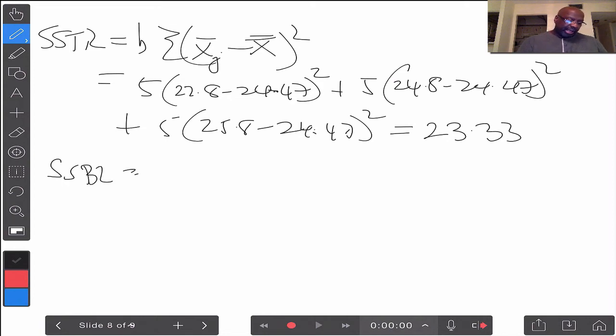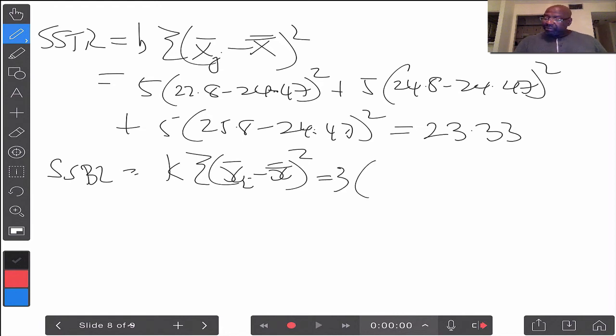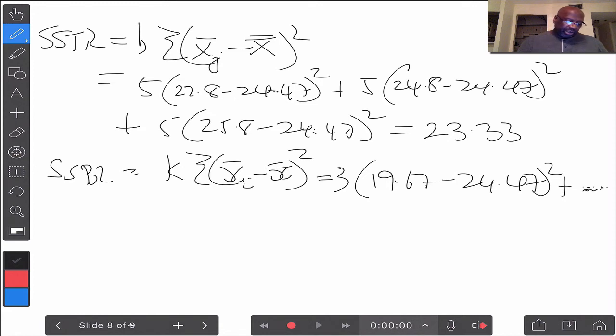If we continue for SSBL, SSBL is K times x bar i minus x double bar squared. Now there are 5 of them. I won't write out all 5. I'll just write the first and the last one. So it's 3 times the block mean for block 1, which is 19.67. 19.67 minus 24.47 squared plus dot dot dot, meaning that I'm continuing, plus 3 times the very last one.